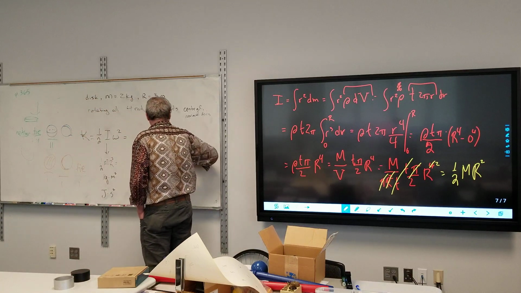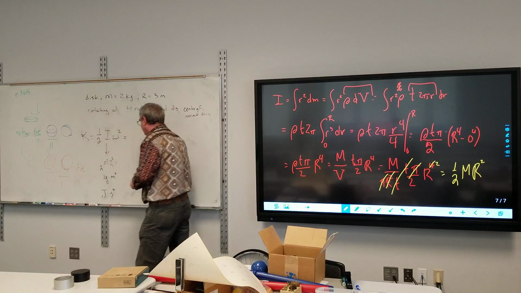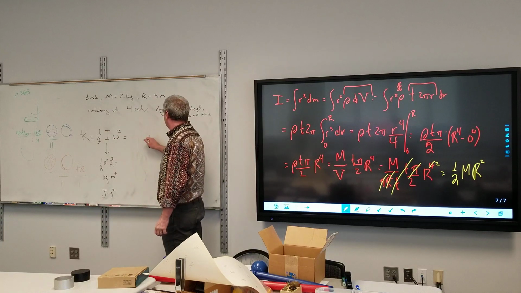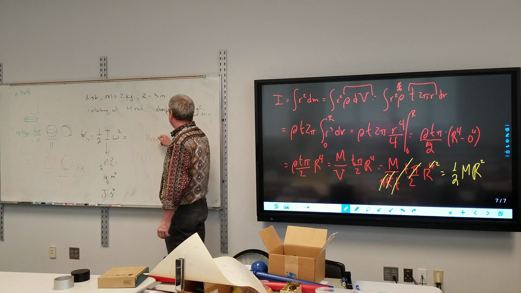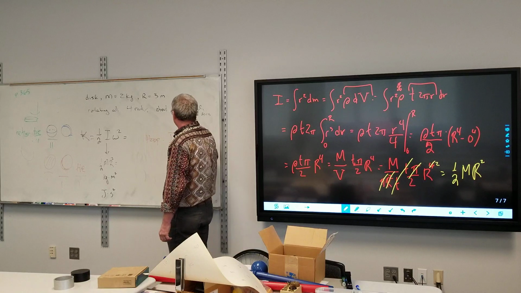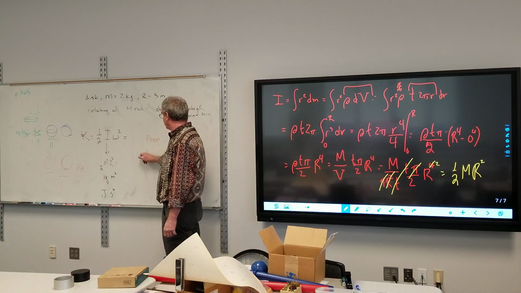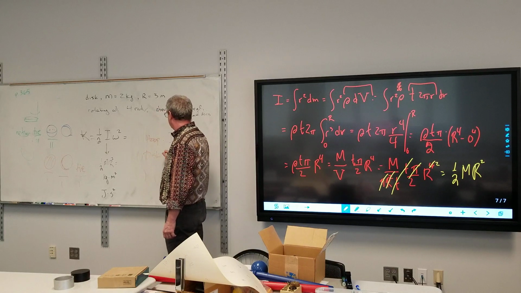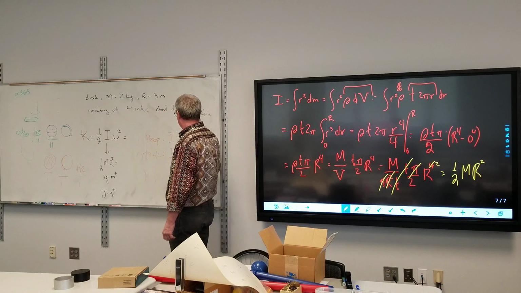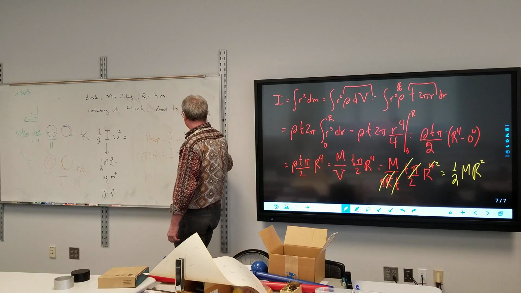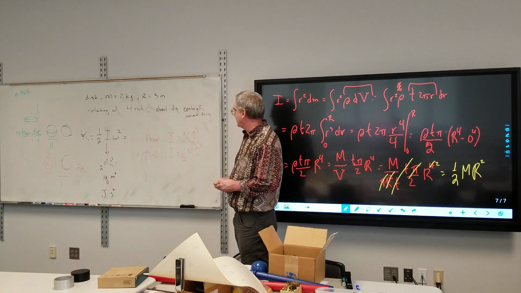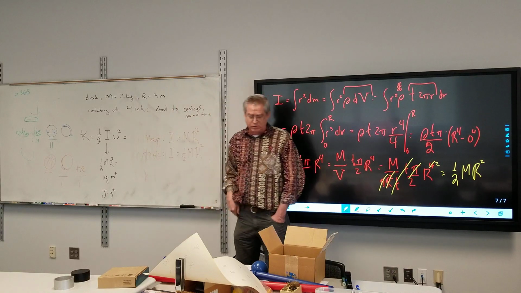The formulas for the hoop, mr squared, and for the disk, 1/2 mr squared, both rotating about the central normal axis.